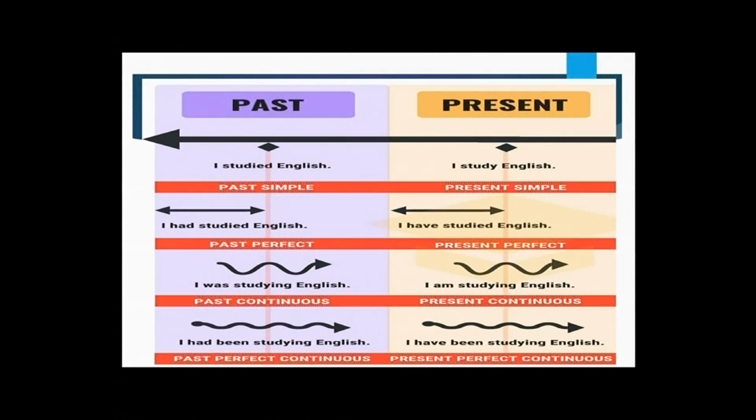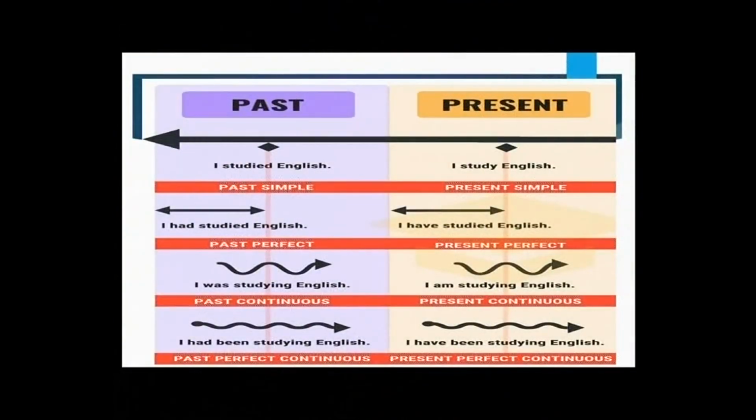Now, I had studied English. It is past perfect. I have studied English. It is present perfect. Here is the difference of the helping verb used. In past perfect, we have used the helping verb had. In present perfect, we use has or have according to the subject.